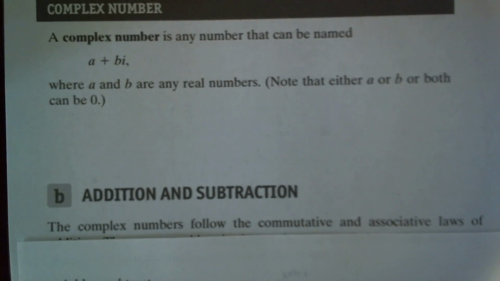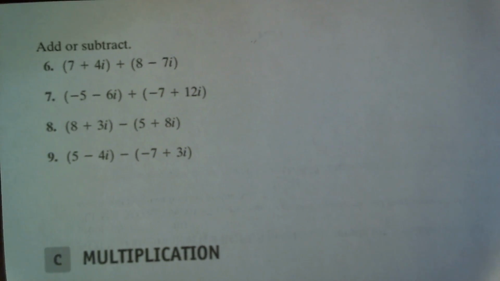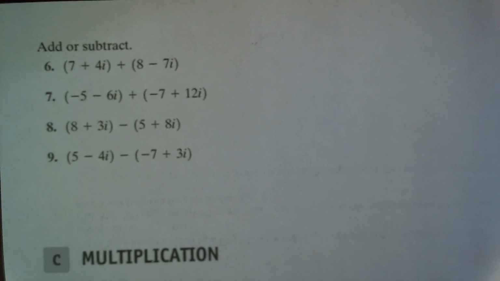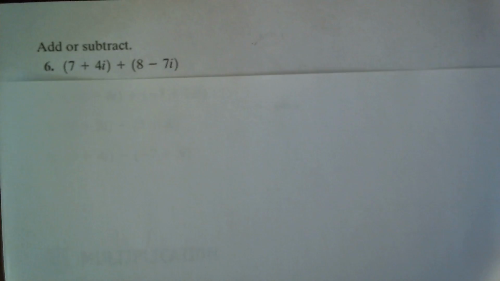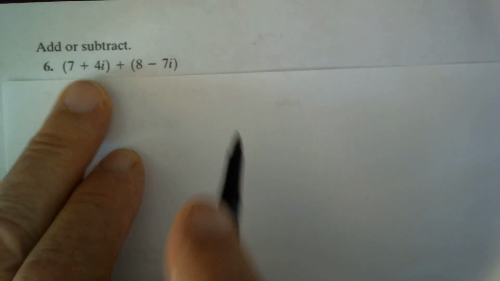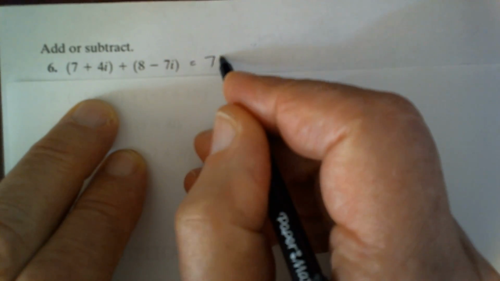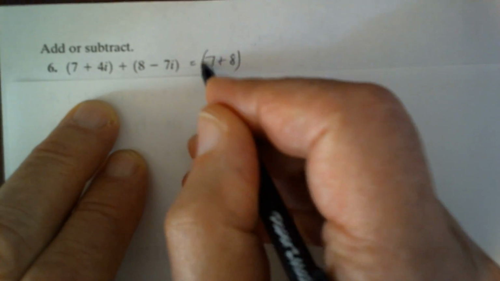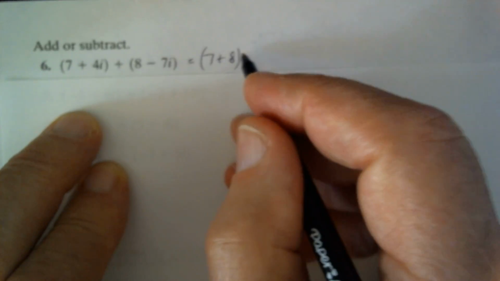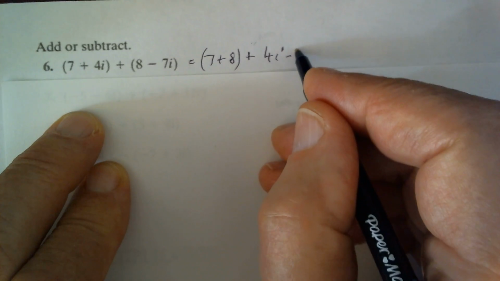For instance, if we are to add these complex numbers, 7 plus 4i plus 8 minus 7i, what we need to do is simply add the real parts, so we can write that as 7 plus 8, that's from the real parts, and then plus 4i minus 7i.